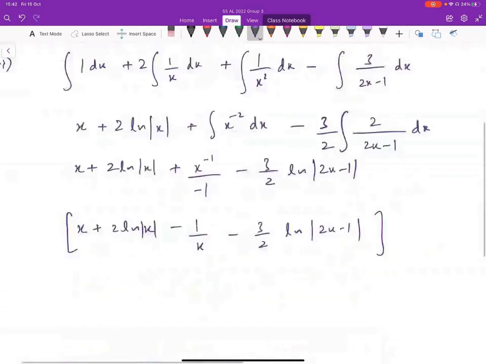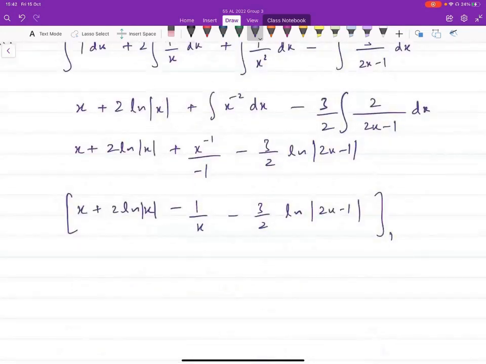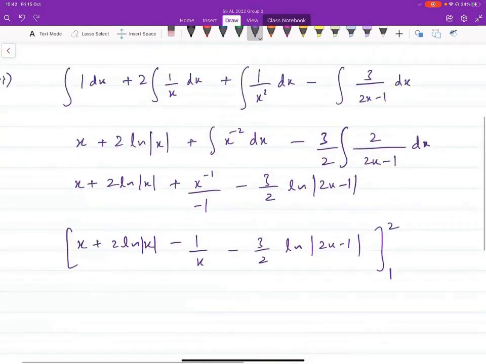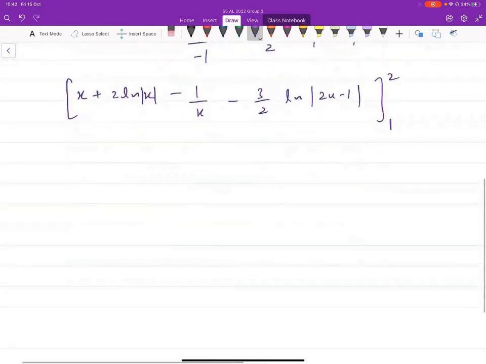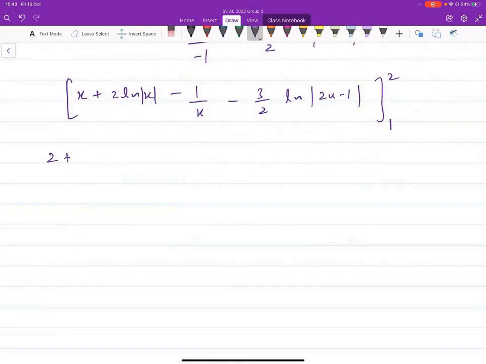Limits were from 1 to 2. Sub integrate कर लिया, उसमें अब आपने ये limits डाल देनी है. Any issues with this? Is this okay to everyone? Let's input the limits. 2 डालते हैं पहले, then we input 1 after that. So 2 into 2 plus 2 ln of 2 minus 1 over 2 minus 3 over 2 into ln of 2 into 2 minus 1.